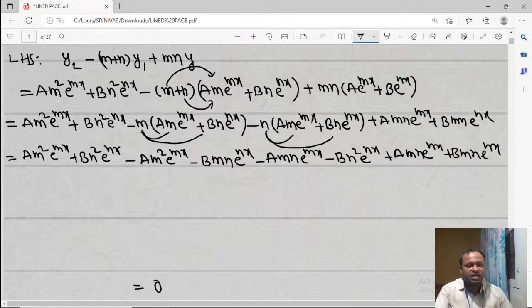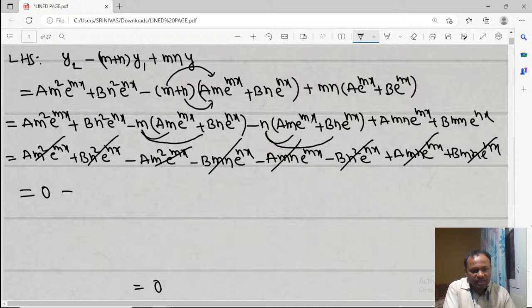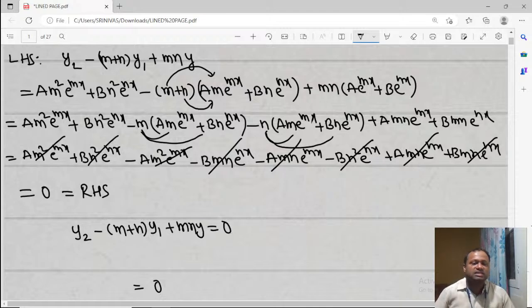Now you can check, these cancel, and b n square, where is b n square? Here it is, minus b n square plus b n square. So the answer will be equal to 0. So the RHS: y2 minus of m plus n into y1 plus mny is equal to 0.